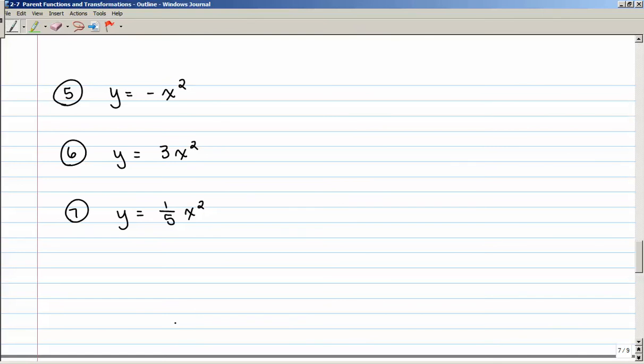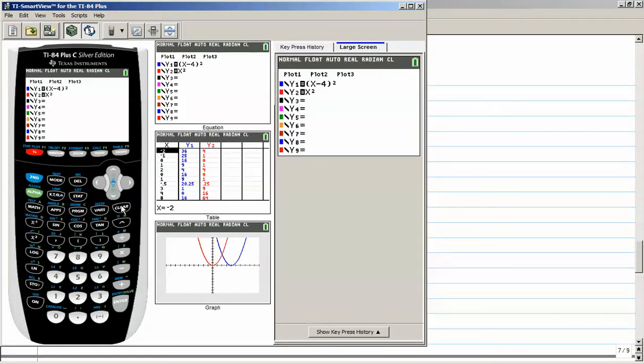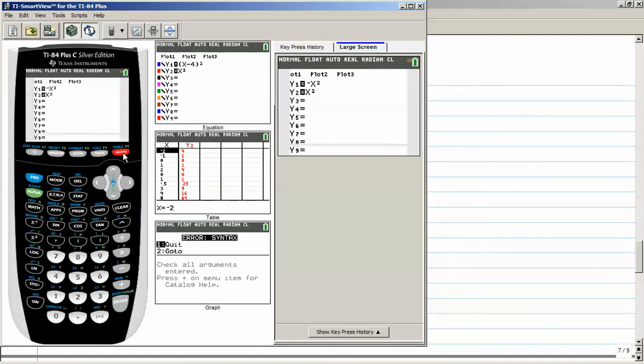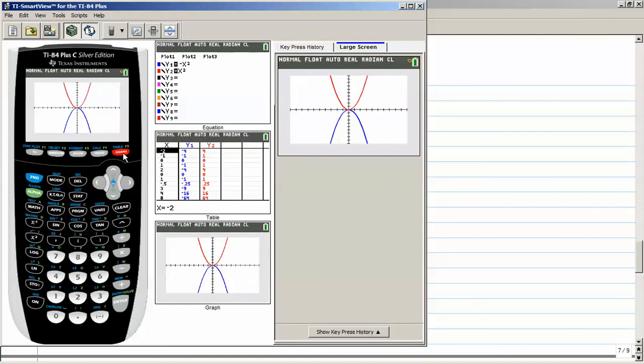Y equals negative x squared. So a negative x squared. Let's take a look at that graph. So there's negative x squared, and there's my parent graph of y equals x squared.